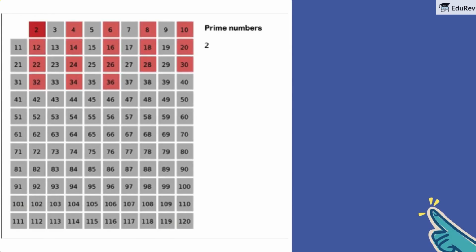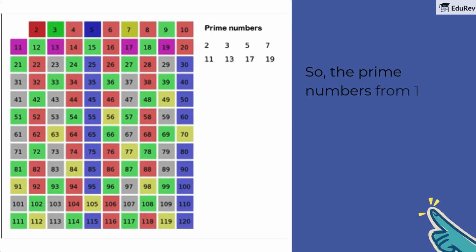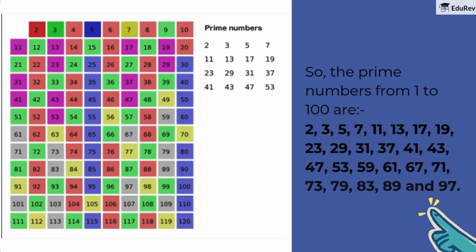We cross out 1, 2, 3, 5, 7 and all their multiples. So, the prime numbers from 1 to 100 are 2, 3, 5, 7, 11, 13, 17 and so on.